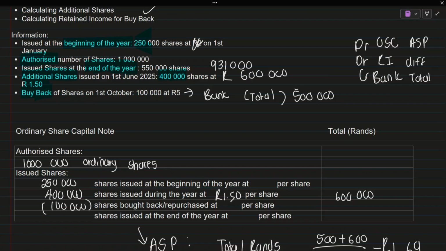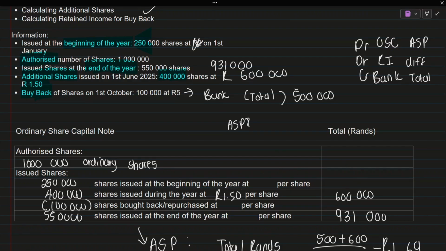They haven't told me the ASP, they only told me the bank total. I need to calculate that ASP, but as I said, we have that problem. We just have to wait a bit, and we can't do anything there. For our end of the year, 550,000. Even if you do it straight down, you would get 550,000, but they gave it for us, so let's use that. And we calculated at 931,000. So they've given us the 931,000.